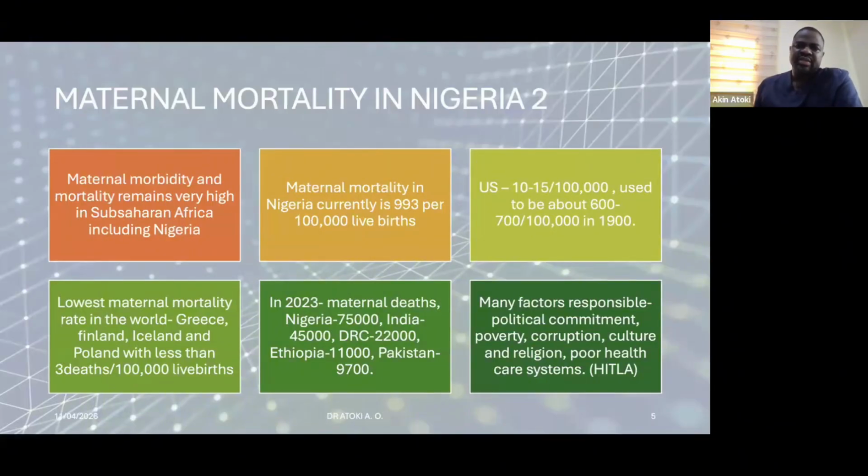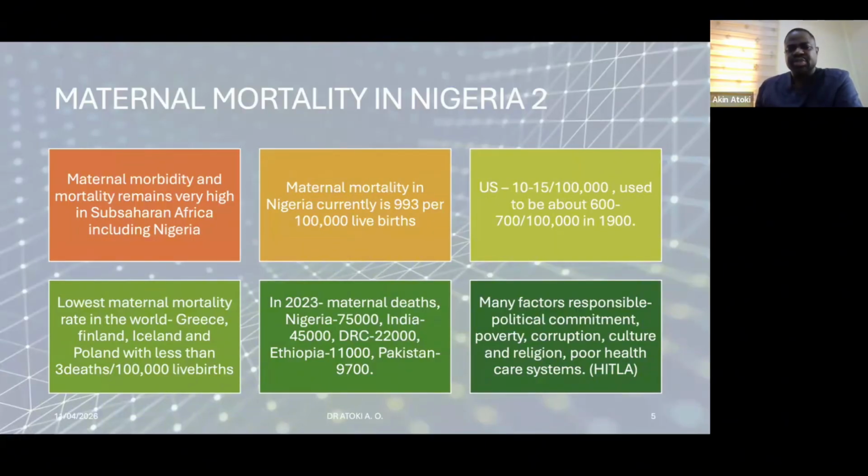What was agreed by African countries, the African Union, was that 15% of the budgetary allocation should go to health. But up until today, less than 5% of our budgetary allocation is being allocated to health. And that explains why our health sector is still where it is up till now.